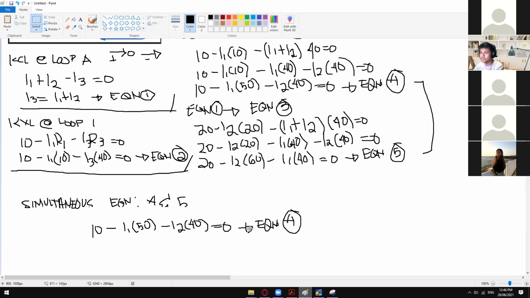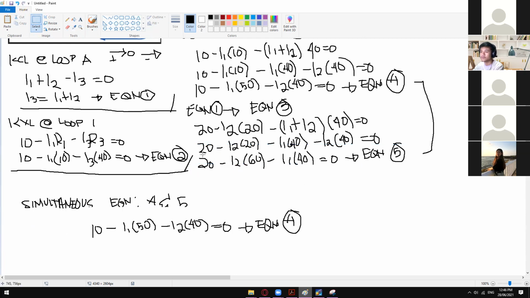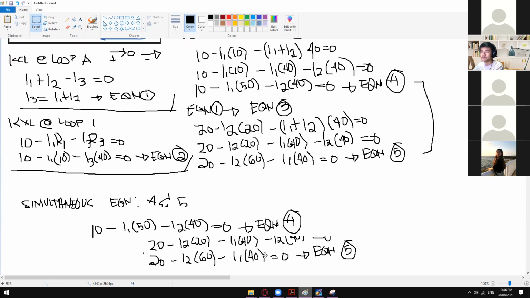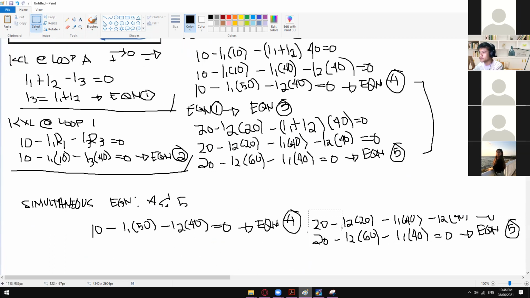We now have equation number 4, and I will also get equation number 5 right here, and remove the unnecessary text. There you go.